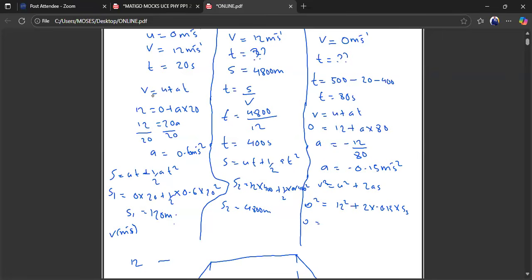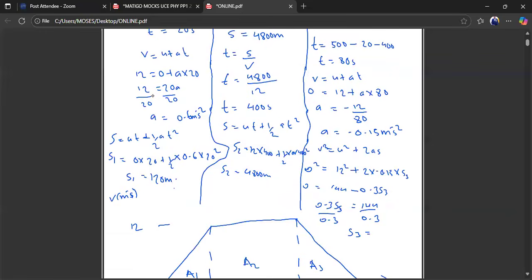This gives 0 equals 144 minus 2 times 0.15 times S3, which gives minus 0.3 S3. Then 0.3 S3 equals 144. Divide by 0.3 both sides, my S3 equals 144 divided by 0.3. I'm coming up with 480 meters.